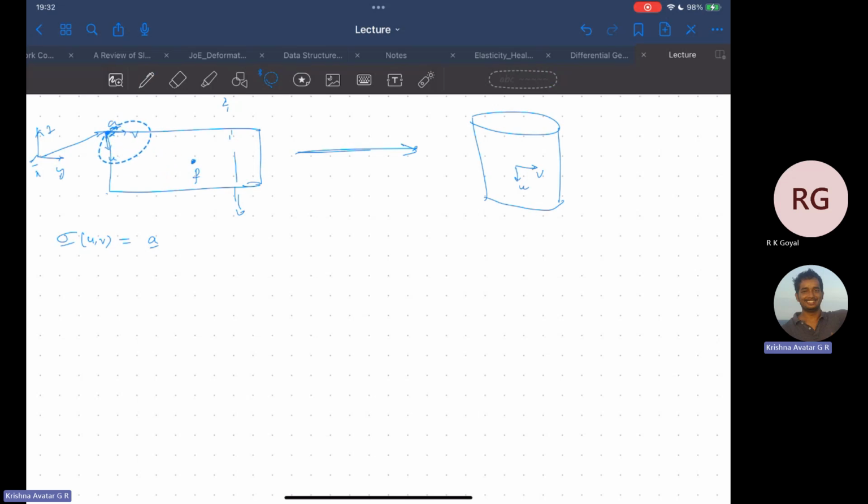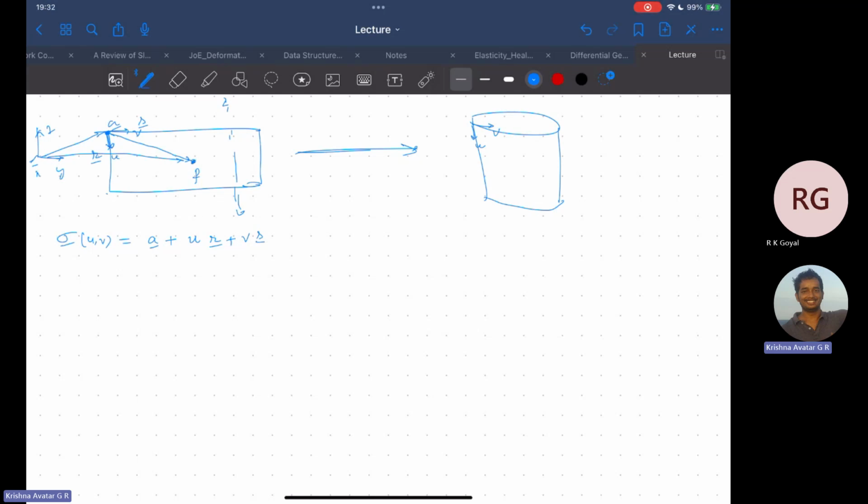And also, let's take two vectors, r vector and s vector. So by vector addition, this point has a position vector a vector plus u r vector plus v s vector. And you know that u and v are just the coordinates which will vary over the entire region, and then we can cover the entire surface.